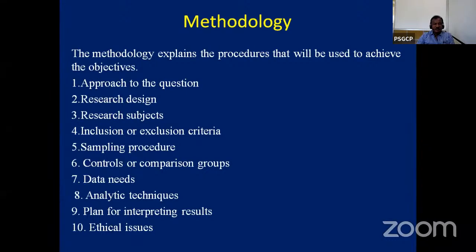We'll have to design research subjects, then inclusion or exclusion criteria, sampling procedure, controls, comparison groups, data needs, analytic techniques, plan for interpreting results, and finally ethical issues. All this we need to consider before fixing your objectives as well as methodology.